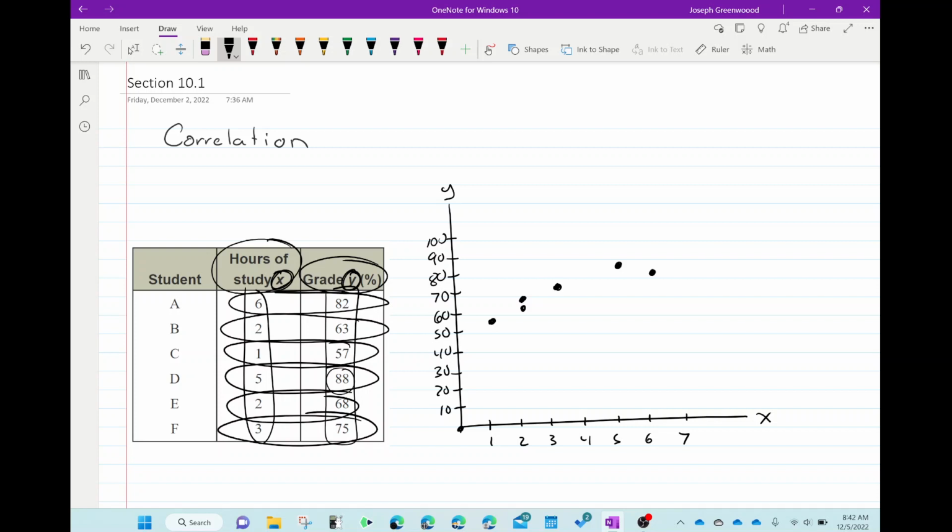I can see here that there's a trend. The longer I study for the exam, the better grade I'm going to get on the exam, right? And conversely, the less I study, the worse I'm going to score on the exam. So I can kind of see the relationship here.